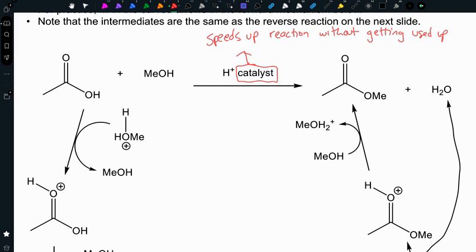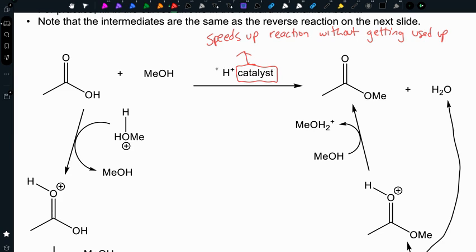When you encounter a catalyst in a mechanism, essentially that catalyst has to get regenerated at the end of the mechanism so that it's still there. The useful thing about a catalyst is if you just add a little bit of it, it can help a whole lot of molecules through the reaction because every time the reaction happens, we regenerate the catalyst and allow it to speed up the reaction again.